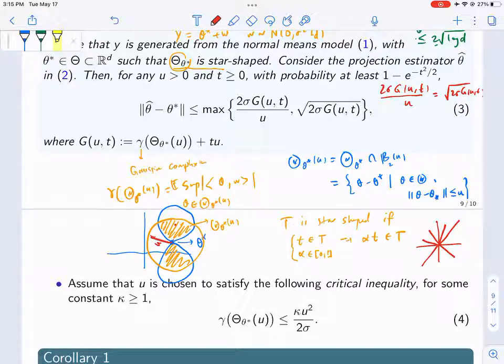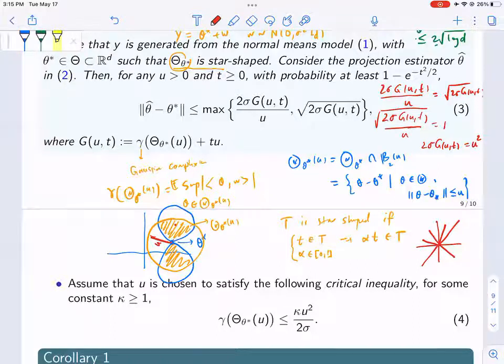What do I get? I can cancel one of these with that. So I get 2 sigma g(u) t over u is equal to 1. Or I get 2 sigma g(u) t equal u squared. Okay, so the u that works is when u squared is equal to this, so I have to solve this equation that would give me a good u.